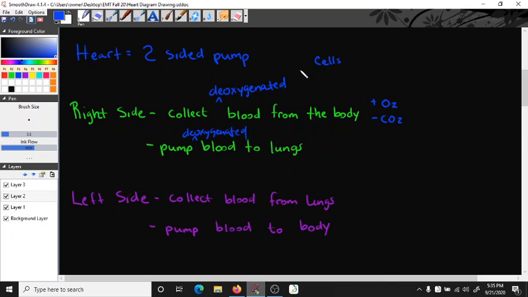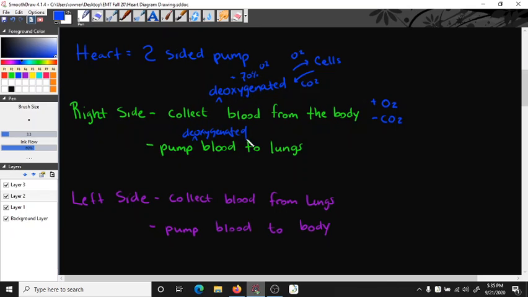So the cells take the oxygen, and they give back the carbon dioxide. So it turns the blood deoxygenated. Now the blood still has something like 70% O2 in it. So it's deoxygenated, but it is not completely without oxygen.